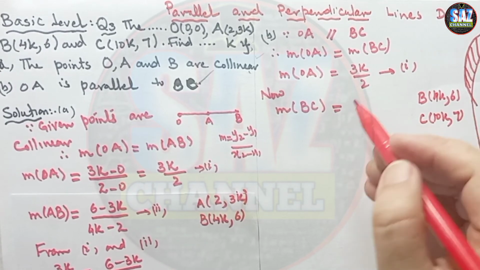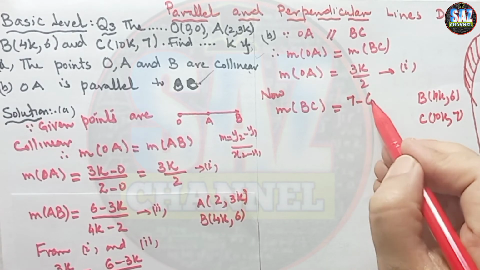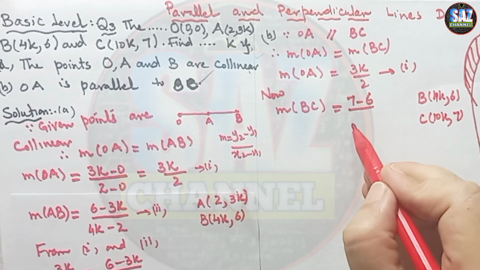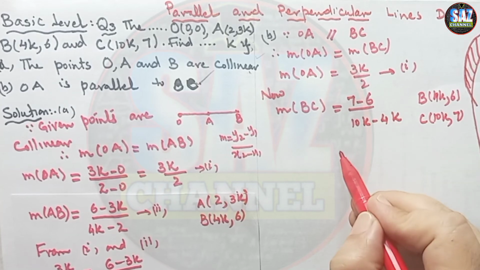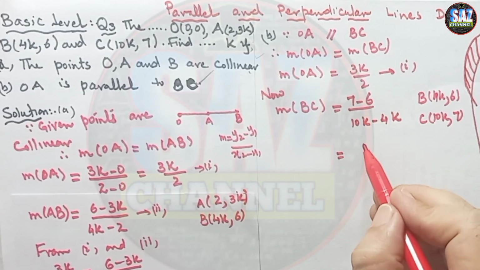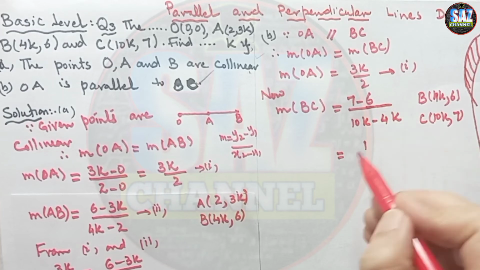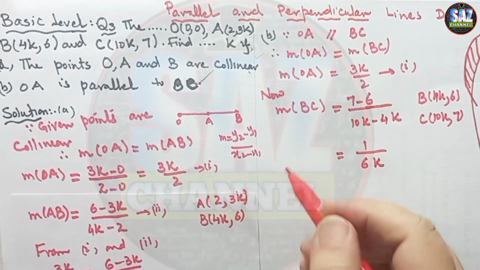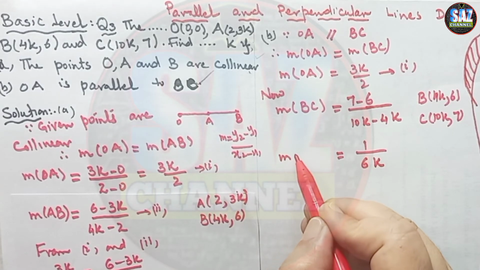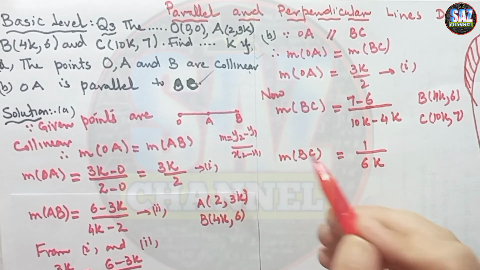Y2 minus y1, 7 minus 6, upon 10k minus 4k. 7 minus 6 is 1, and 10 minus 4 is 6k. So M of BC, the gradient of BC, is 1 upon 6k.